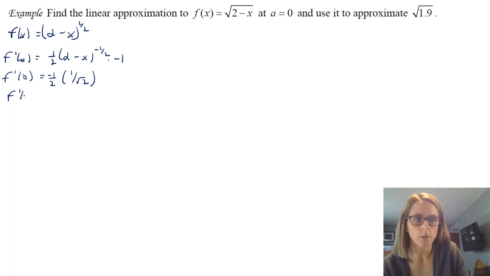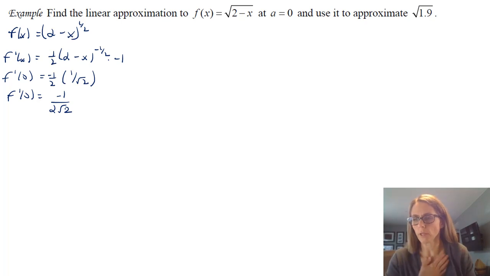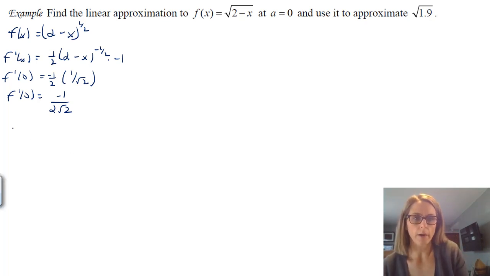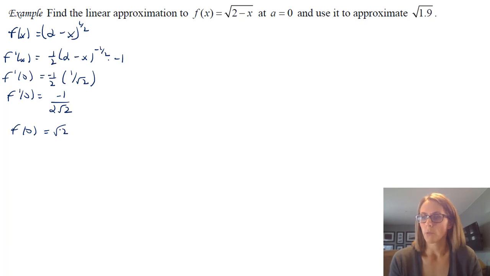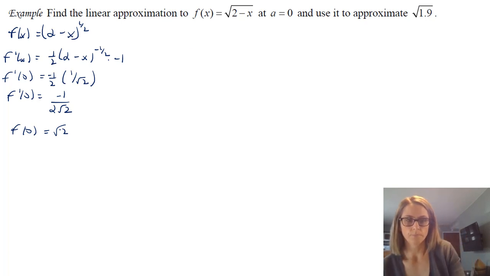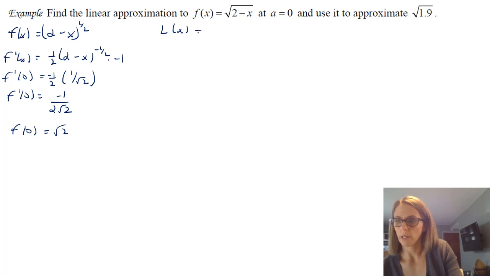So the derivative at 0 is -1 over 2 root 2. Okay, so we have a negative value there. And then we also need f of 0. Plug that right back in, and you're going to see that we get the square root of 2. So we're ready for the linearization now, and that is L of x equals the y value, root 2, plus the slope.